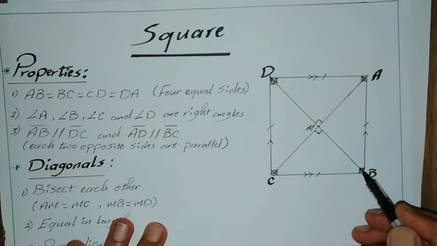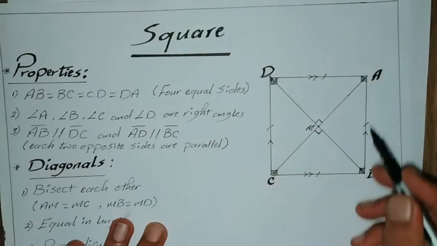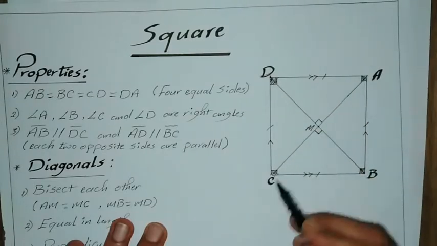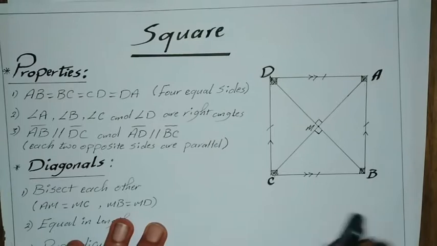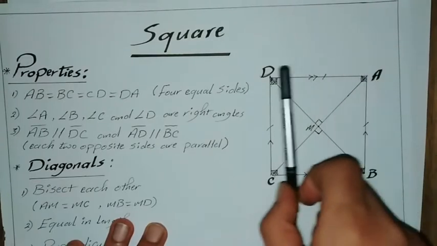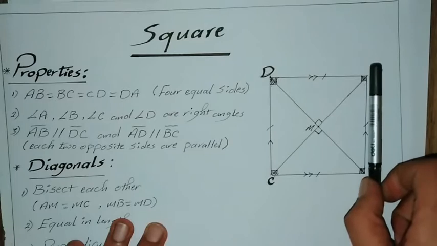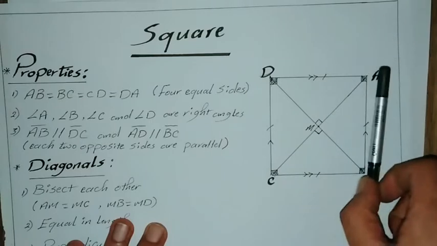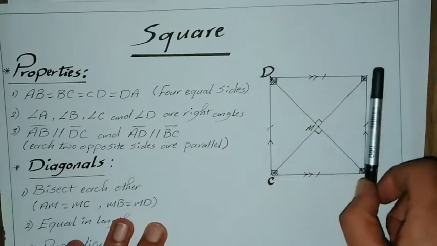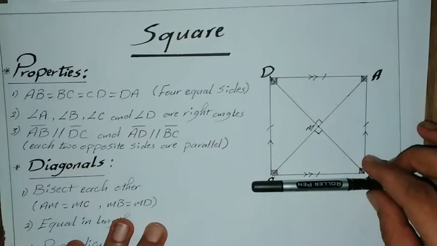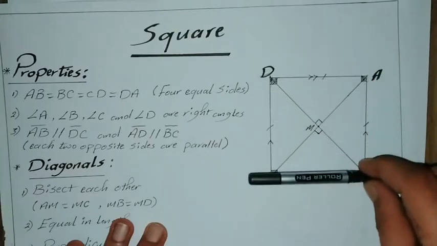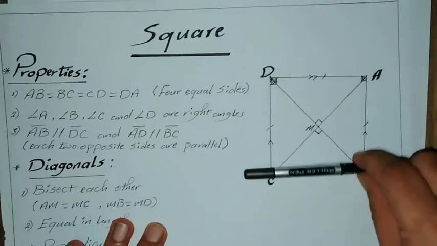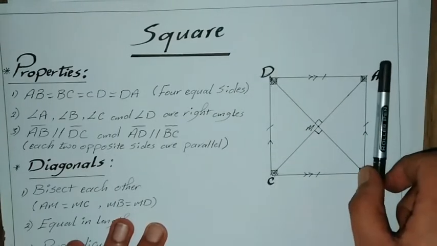And it has four right angles. Each two opposite sides are parallel: AB is opposite to CD, and BC is opposite to AD. BC is parallel to AD. Each two opposite sides are parallel.